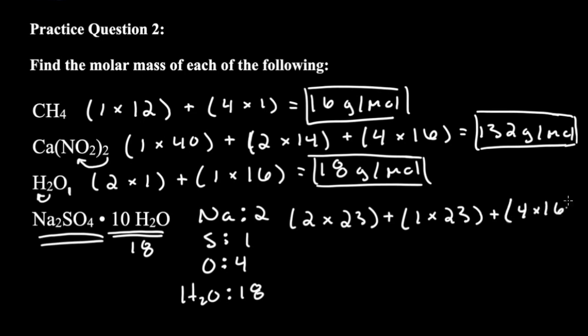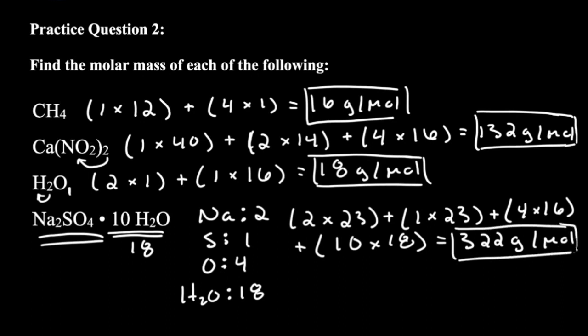Oxygen is going to be 16. And then we got 10 of these waters, and the molar mass of that's going to be 18. So when you add all this up, you're going to get 322 grams per mole. So that'd be the molar mass of this chemical here.